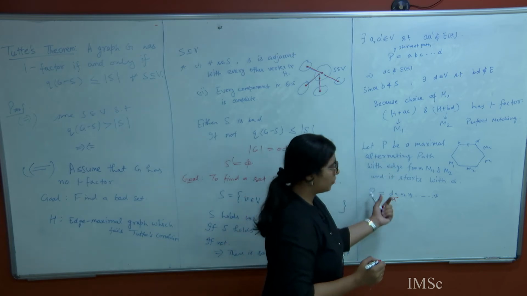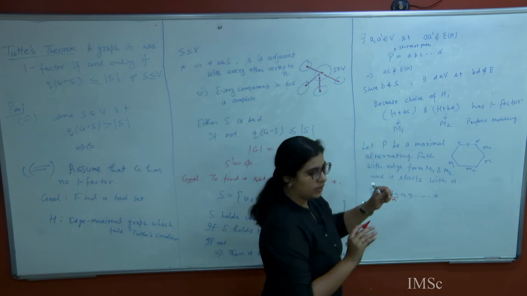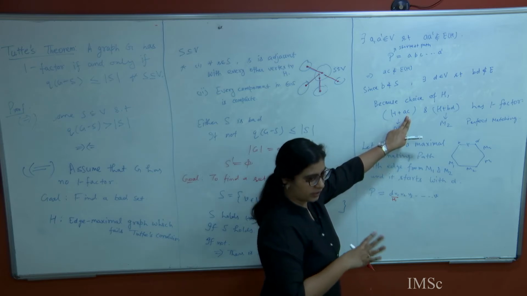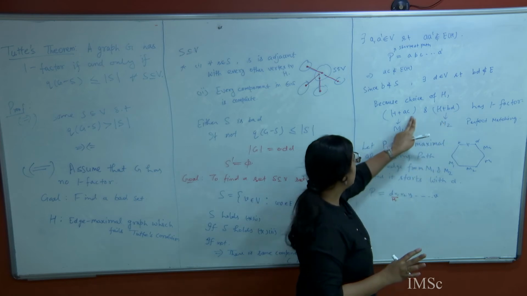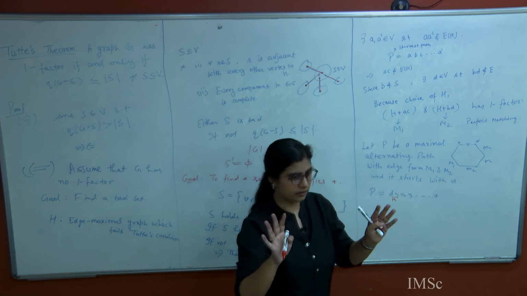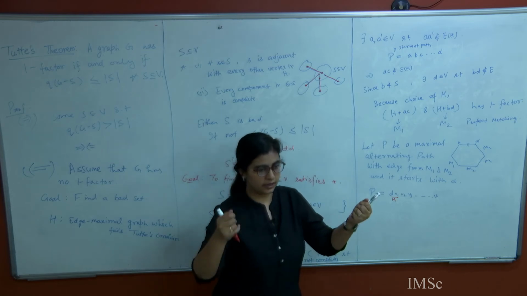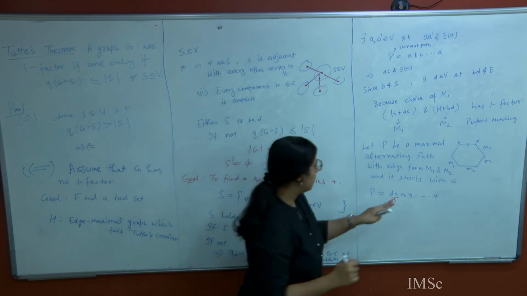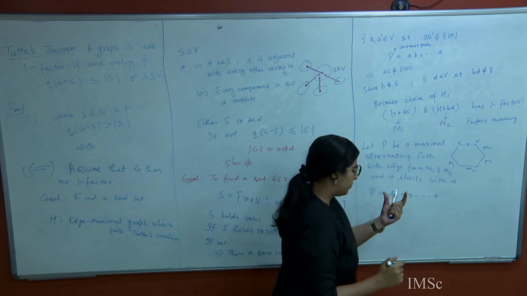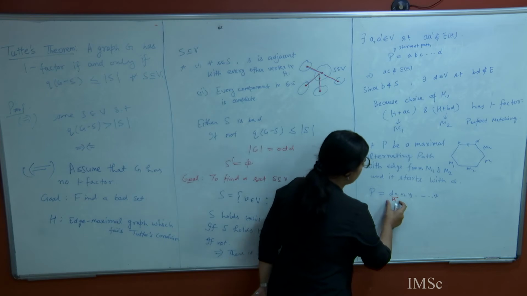Because this is the original graph H. So, M1 was a matching which saturates every vertex except A and C. So, in the original graph H, the AC edge is not there, and the BD edge is not there, but still M1 saturates every other vertex other than A and C. Similarly, M2 saturates every vertex other than B and D in my graph H. So, because BD is not there in H, if D is saturated by somebody, it would be M1 matching.